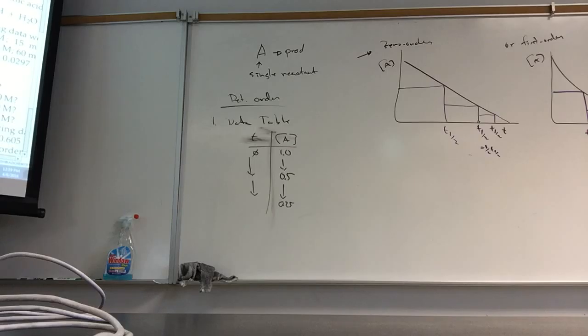Then from 0.22 to about 0.1, there's not much data here, but we can already tell that this is first order.